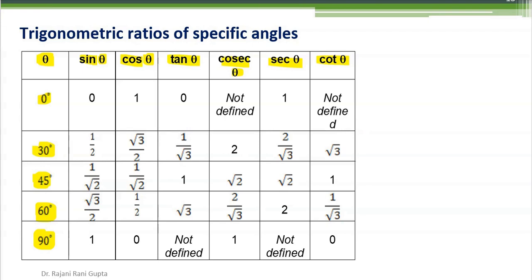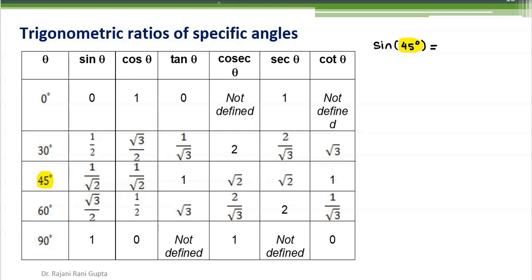Let's see how we can use this table to find, say, sine of 45 degree. For that, what will you be doing? Sine 45 degree. So what is your angle here? Angle is 45 degree. So first check from theta where 45 is. This is 45.